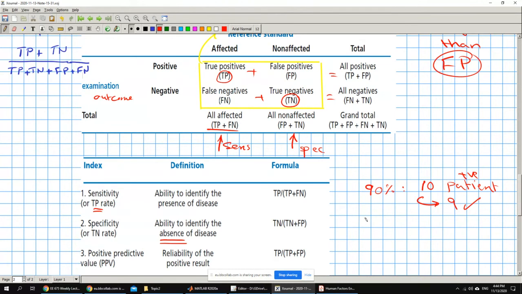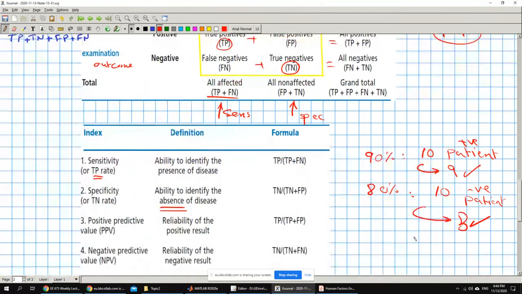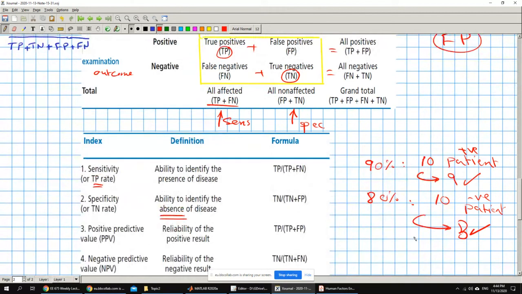If this, for example, was like 80%, then if you have 10 negative patients, this means that you will be able to detect 8 of them, say that 8 of them don't have the disease correctly. Okay, so if you look at these, actually, these make distinction between these two types of error.